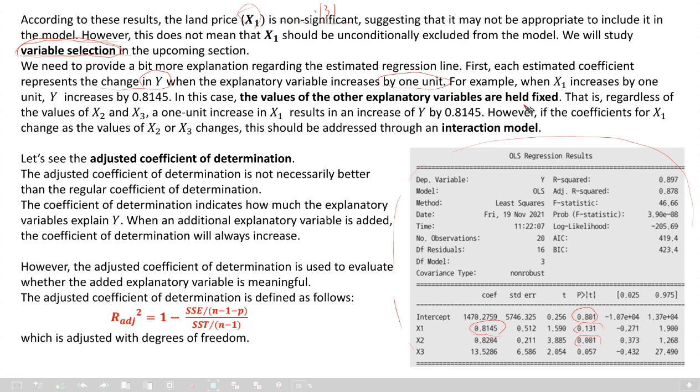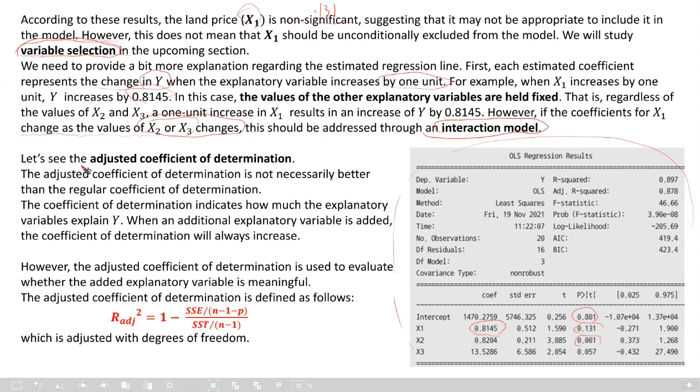So when other explanatory variables are constant and x1 increases by 1 unit, y increases this much. That is regardless of the values of x2 and x3, a 1 unit increase in x1 results in an increase of y by 0.8145. However, if the coefficient for x1 changes as the values of x2 or x3 change, this should be addressed through an interaction model. So we will study the interaction model. You understand this part? Okay.